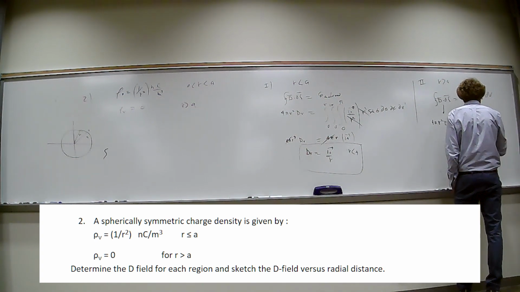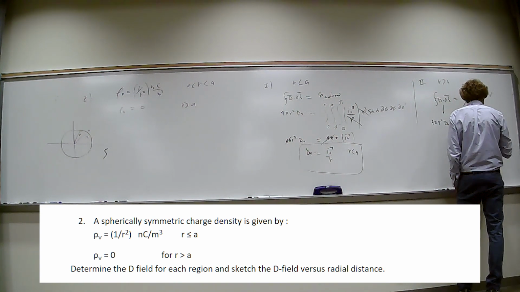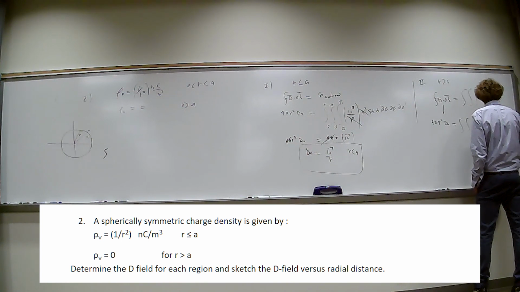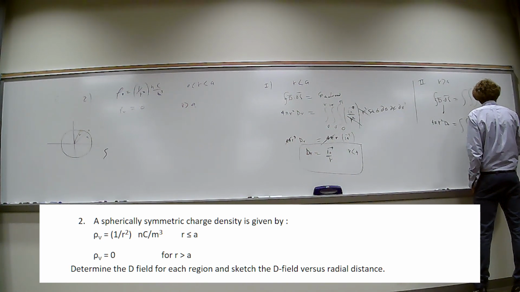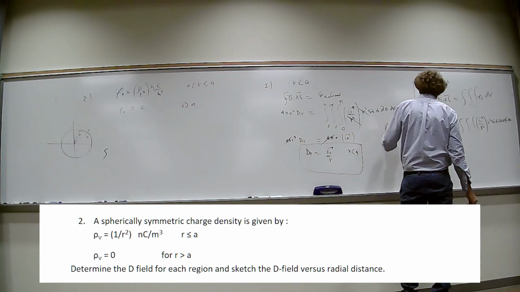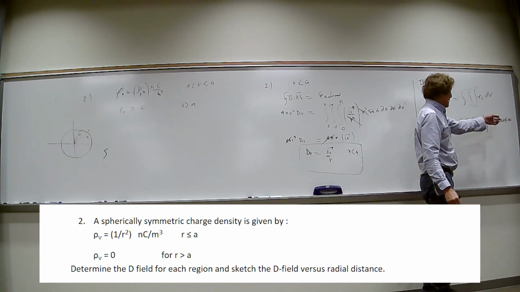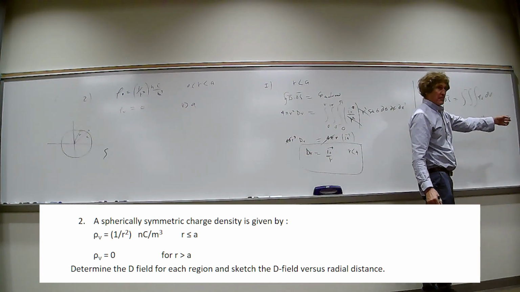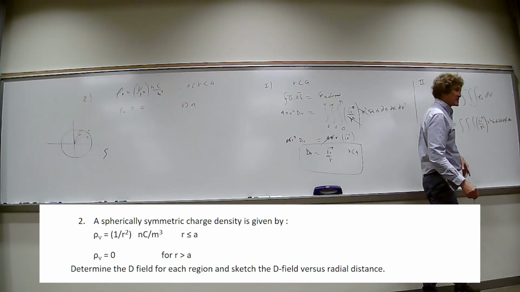Here it's going to be 10 to the minus 9 over r squared, times r squared sine theta, d theta, d phi, dr. The only difference between this and this right here is now we're going to go to a, and that's where we stop. Y'all follow me? Some people, I think, made a mistake.